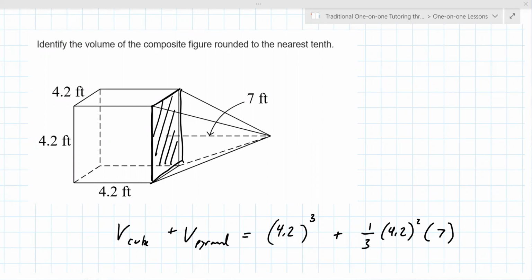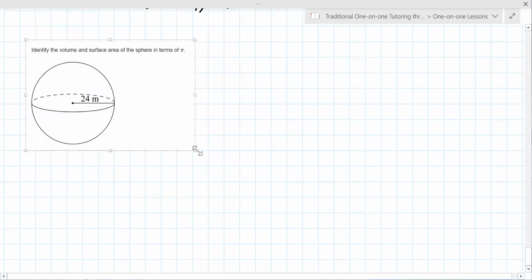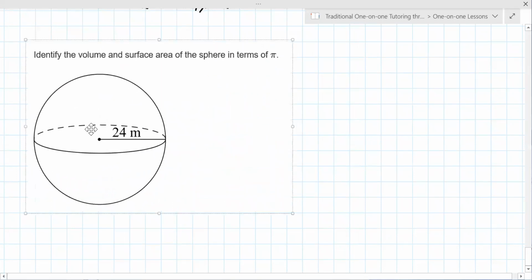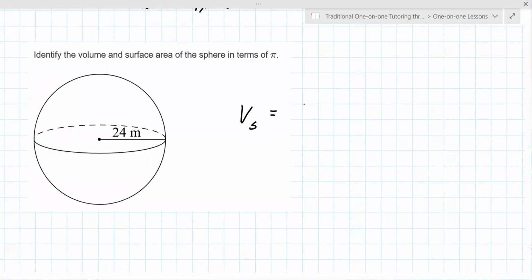Okay. This problem wants you to identify the volume and the surface area of the sphere. I just want you to find the volume though. So here's the question. Do you need the formula for volume of a sphere? No. Oh, do I need it? Yes, please. Sorry.